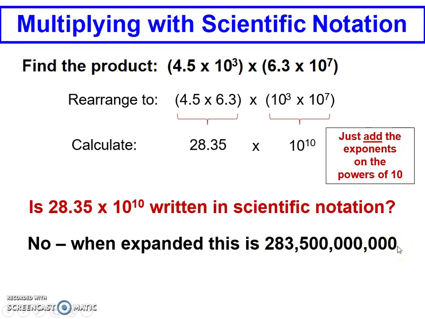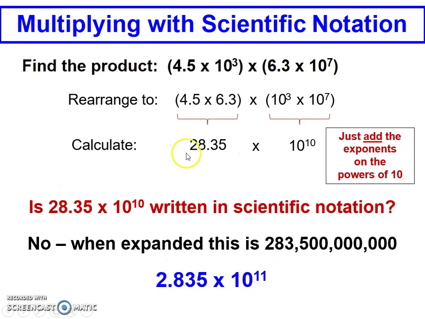To get it into proper scientific notation, I need the decimal to be between the 2 and the 8. So I need to move it 3, 6, 9, and then 10, 11 times in order for it to be in the proper place. So my final answer should be 2.835 times 10 to the 11th power.